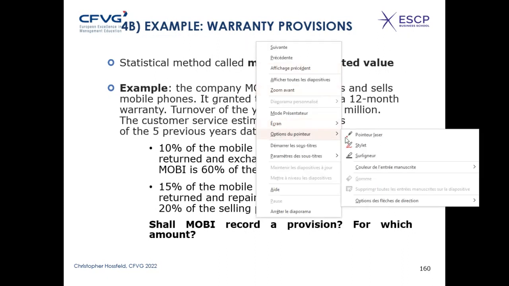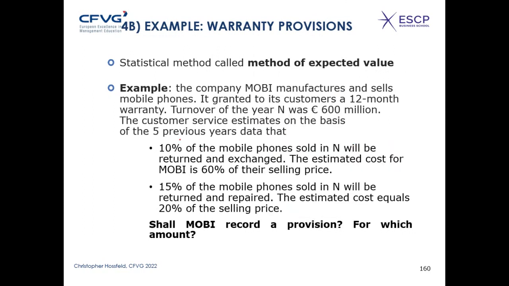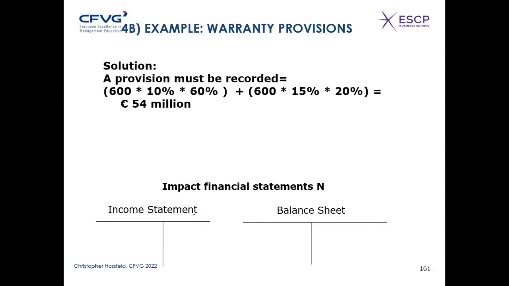With a certain percentage, people will come and ask for an exchange, and this is very expensive. But other people will come and ask just for a repair, and in this case we have a smaller amount. And then the total provision will be based on this amount here, 54 million, which leads to a provision expense and a provision in the balance sheet.